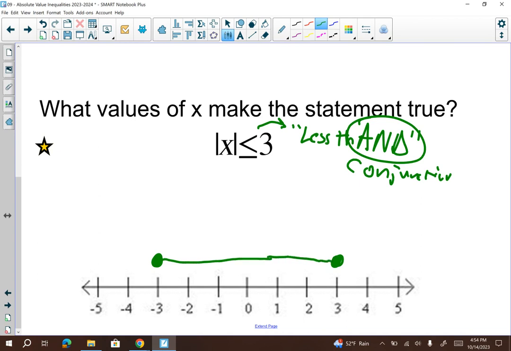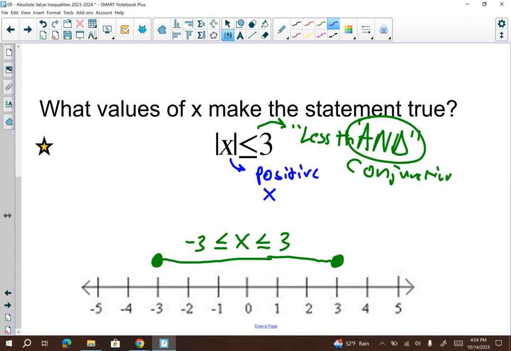Okay? If I know from my rule, absolute value with the variable on the left, less than is going to be an and, I can just write my conjunction inequality.